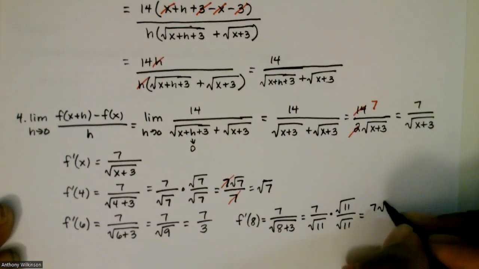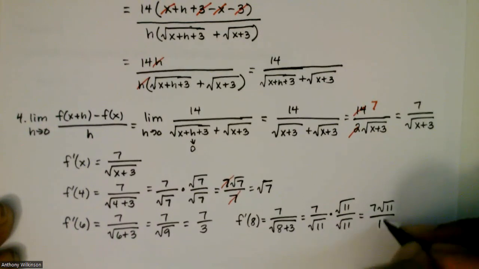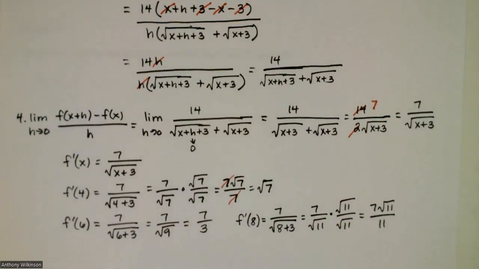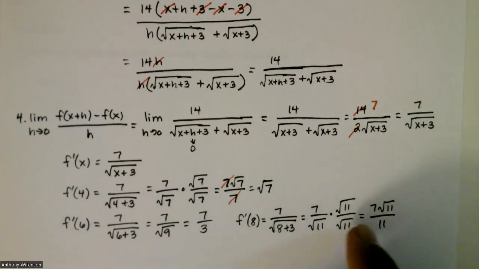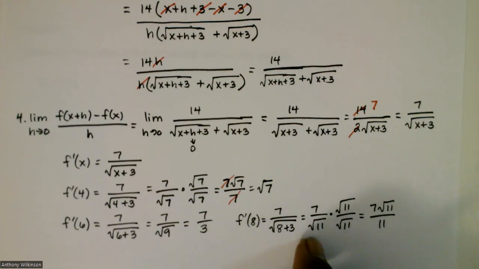So it'll be 7 square roots of 11 over the square root of 11 times itself, which is 11. Now, I'm not sure how far they want you to go, if they want you to rationalize the denominator or leave this radical in the denominator. So do follow the instructions there.